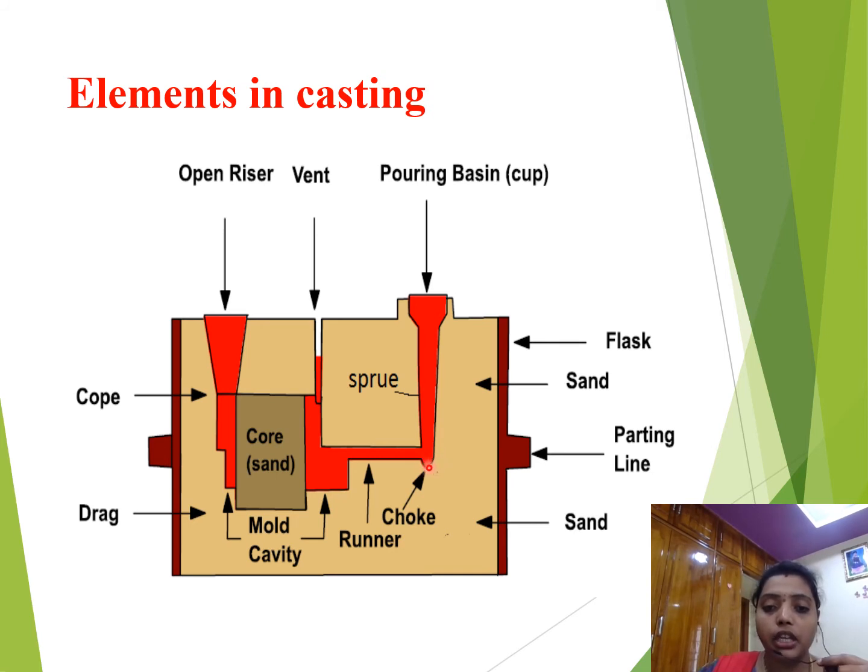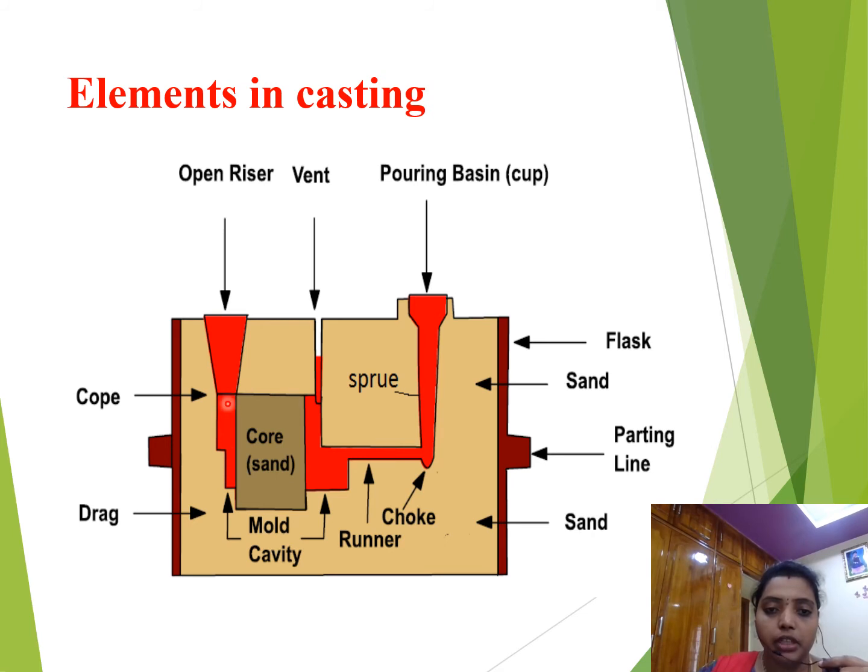That's why we use the choke part, and the remaining pure molten metal will enter into the runner part. This horizontal part is known as the runner. After that it will enter into the mold cavity.